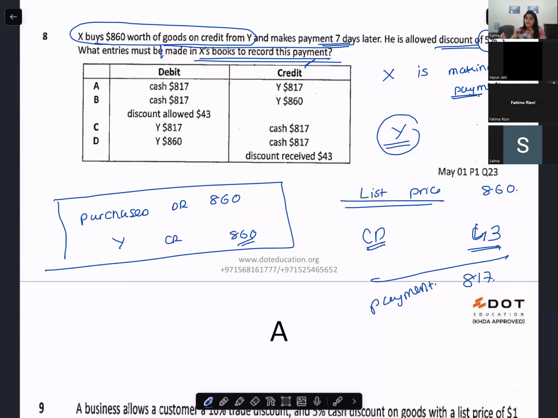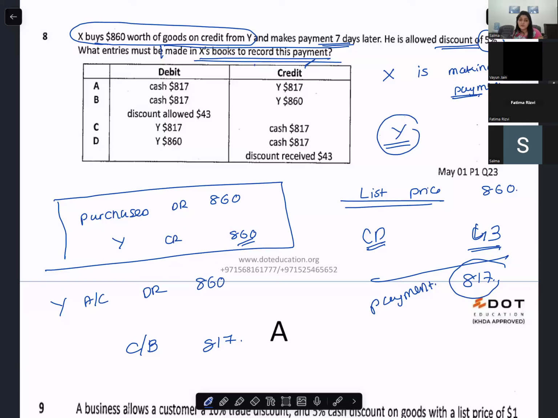Now you're making the payment. That means money is going out. How much? 817. Whose account is getting cancelled? Y account.